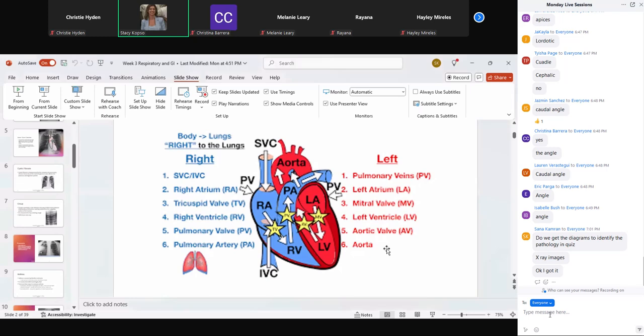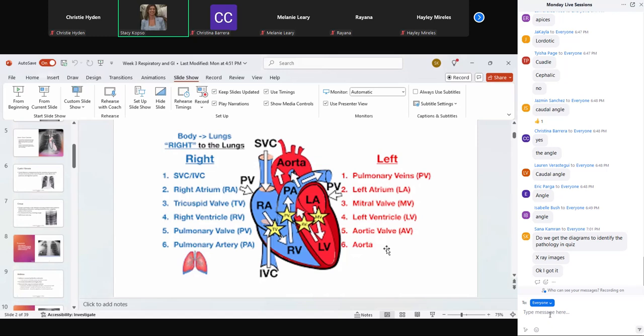And then make sure also for the boards, I put that grid in there with the technical adjustments. You have to at least know that pathology. You can give yourself a 50-50 shot if they throw other pathology in there that you don't know.